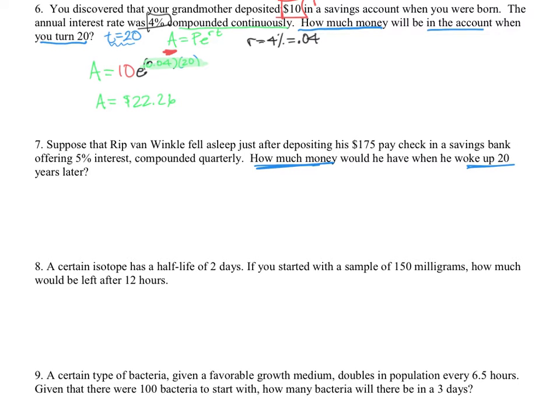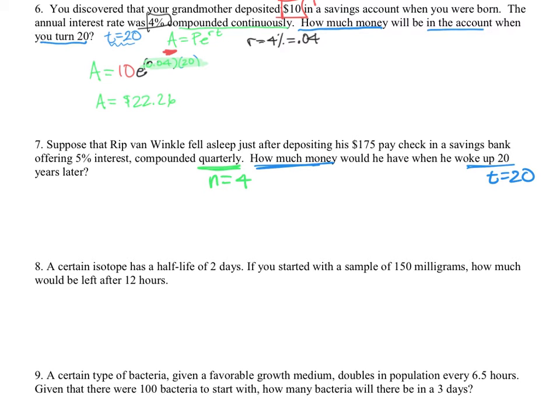So again, the time is 20. Now, we need to look at how it is compounding. The one above was continuously. This one is saying quarterly. So what that means is our n value is 4.